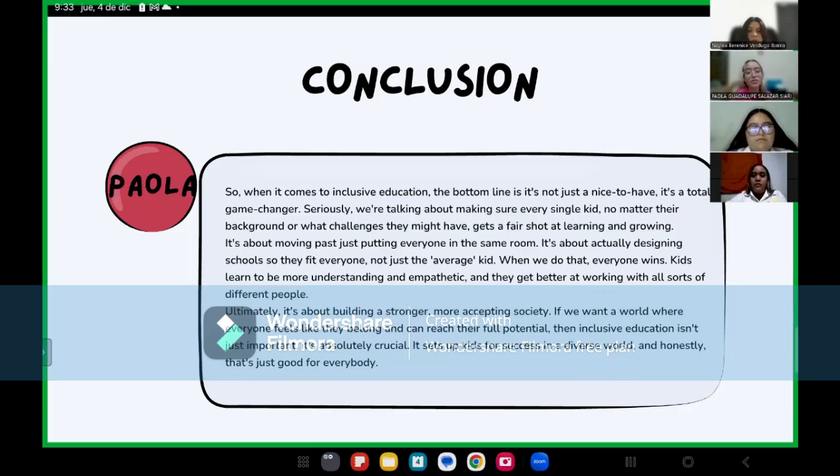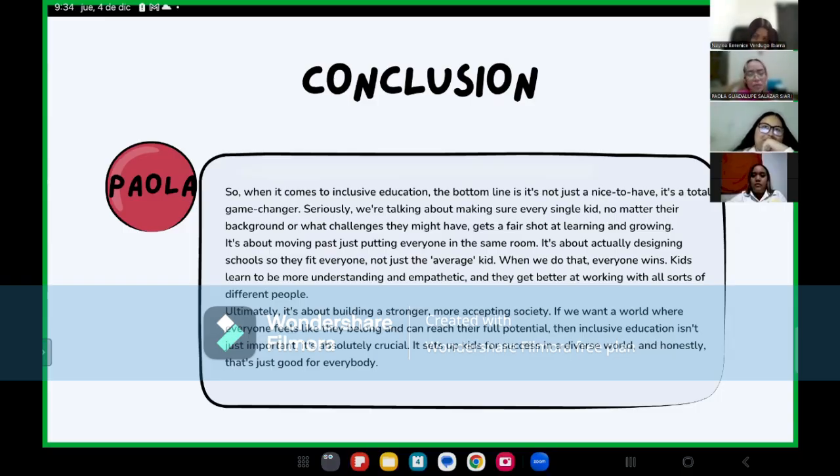Okay, my conclusion. When it comes to inclusive education, the bottom line is it's not just nice to have, it's a total game changer. Seriously, we're talking about making sure every single kid, no matter their background or what challenges they might have, gets a fair shot at learning and growing.